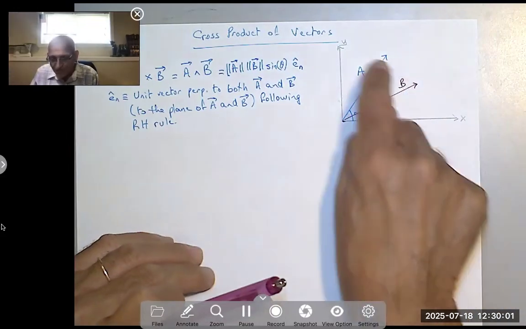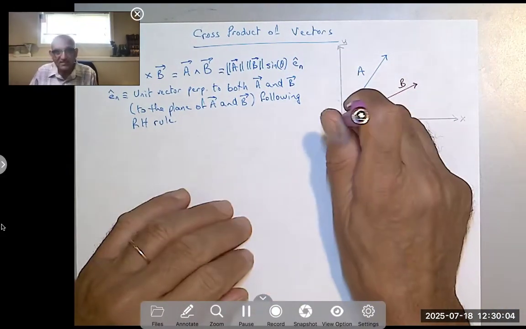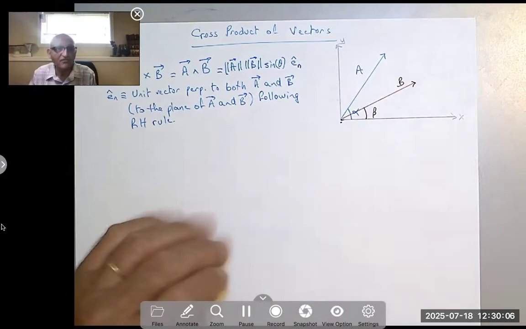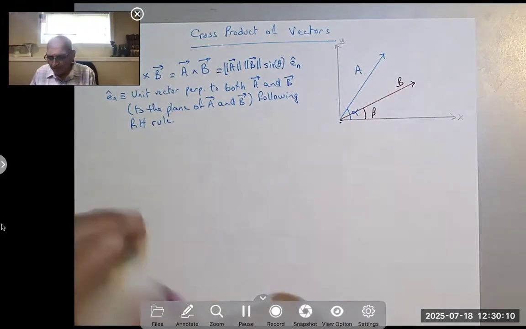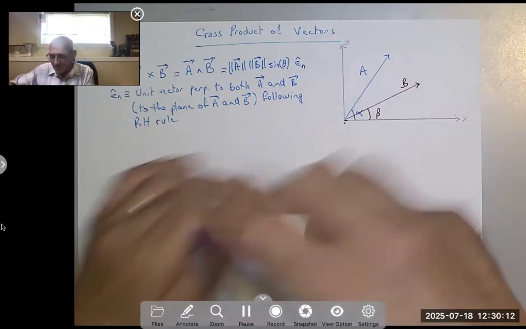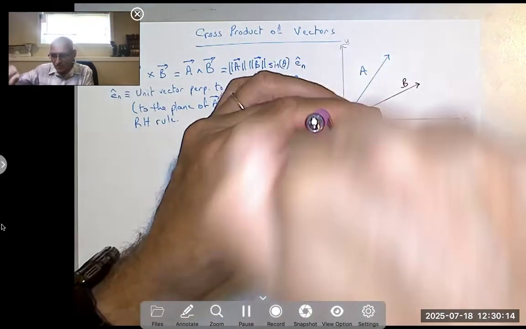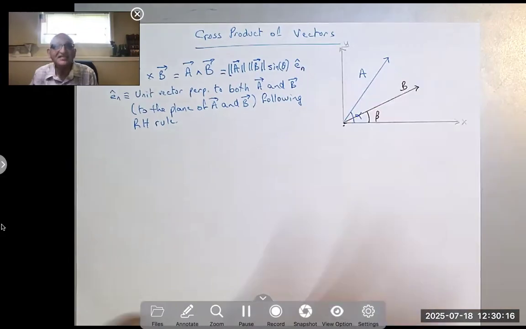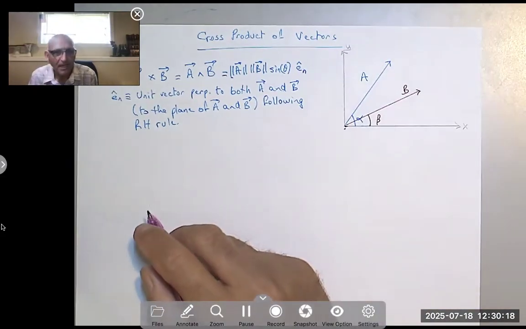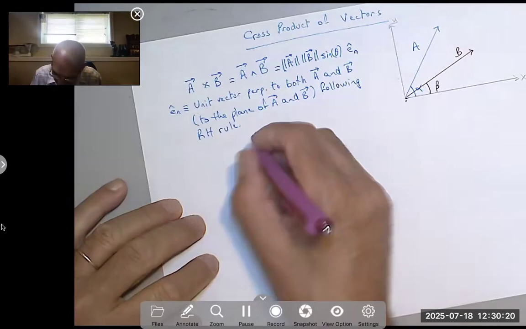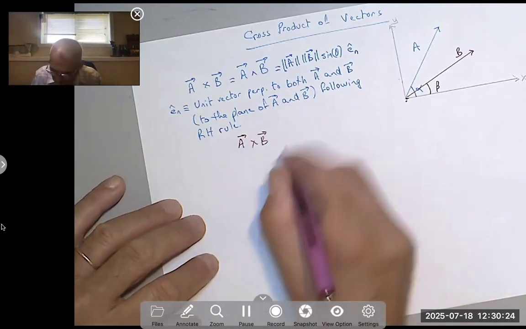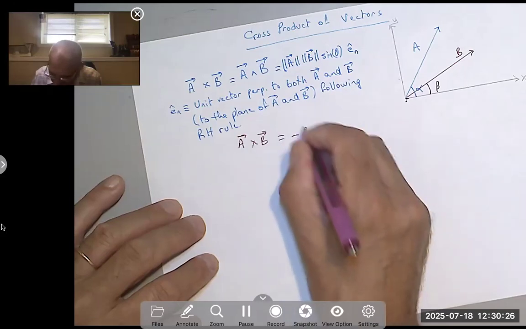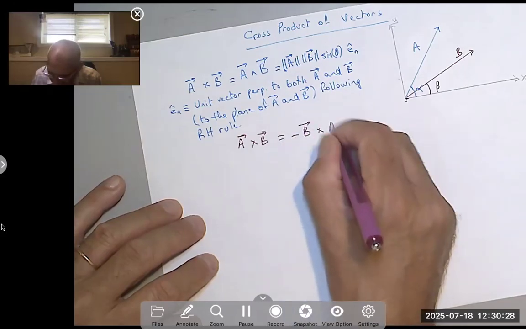So B cross A would be a positive K. It will have a sense of positive direction parallel to the Z axis. But if I say A cross B, I'm turning clockwise, so the bottle cap will go down. It's negative Z. So now I can say that A cross B equals negative B cross A.